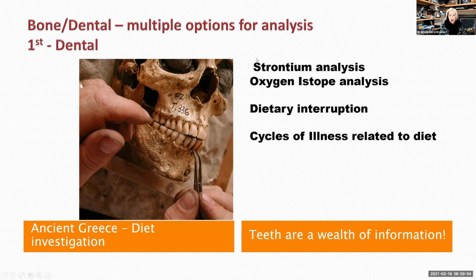We're going to look at a couple types of chemical analysis of teeth and bone and look at how they give us extra information, not just what was eaten, but where the person was when they were eating or drinking those materials, and sometimes a record of stages during their life when it's not just calorie interruption, it might be nutrition interruption, and then sometimes cycles of illness.